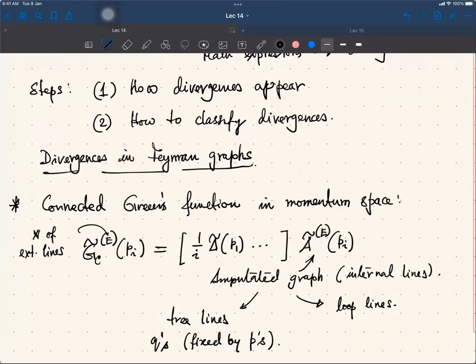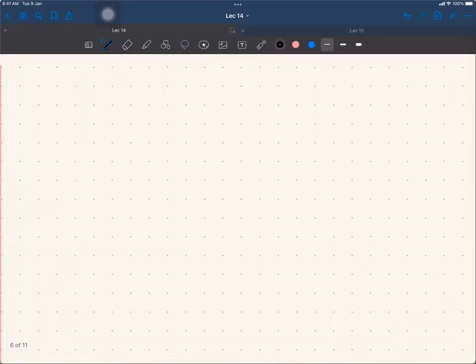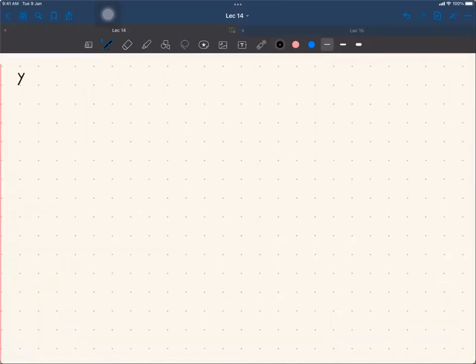So we will denote them by l's. So the l's are integrated over. Okay, these are the two types, q's and l's. And so let us look at the general structure of this amputated diagram.